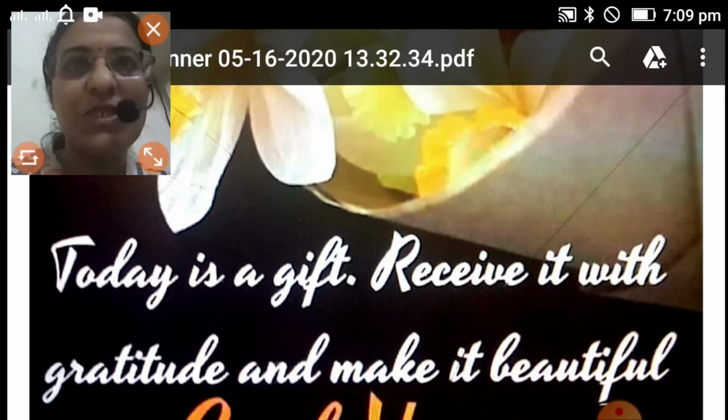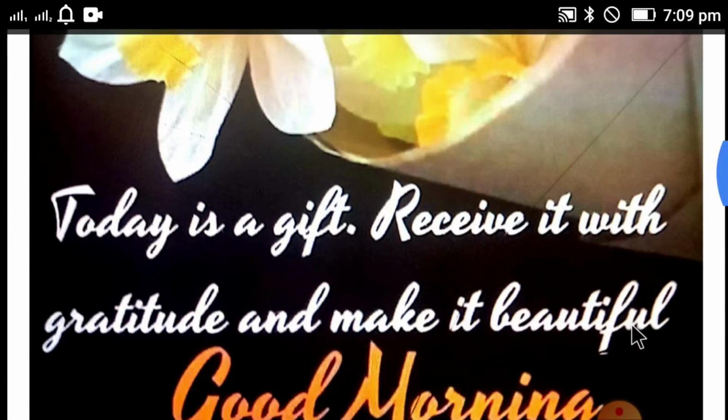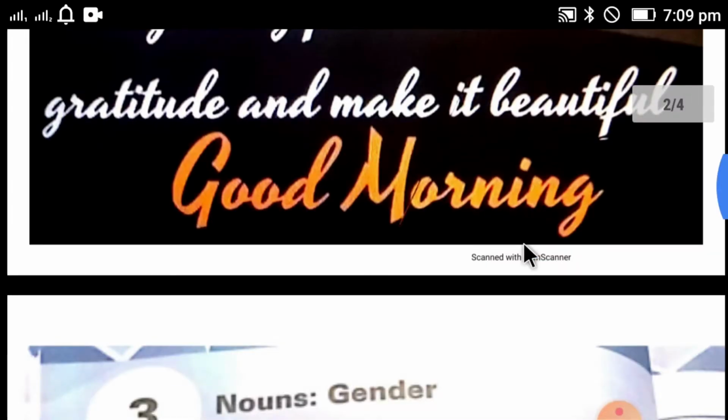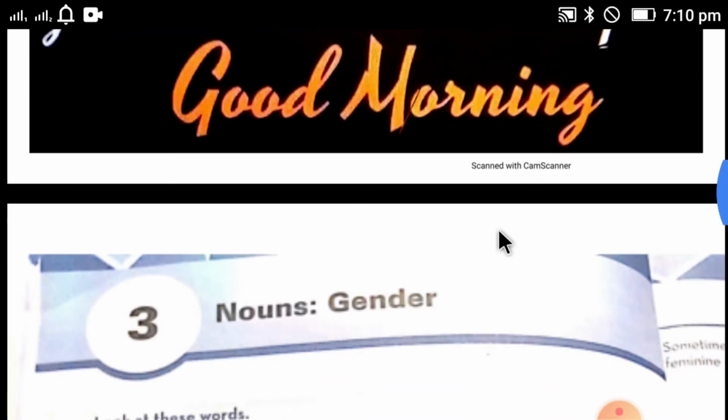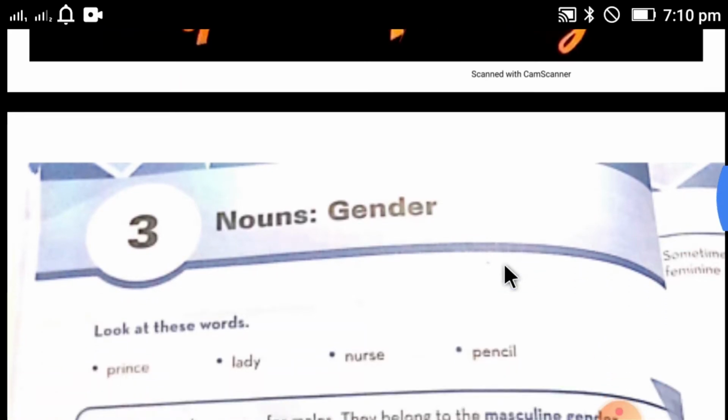Okay, now students, in this chapter, nouns gender, what do we have to do? Before starting, I have divided this chapter into two parts. In the first part, I will explain what gender is and some rules about gender.